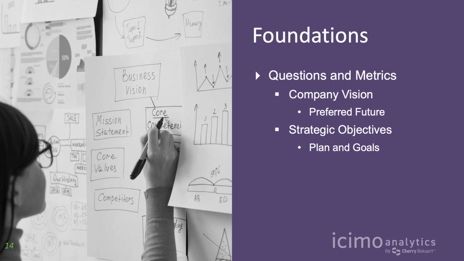Most of the time, organizations have already developed that through strategic objectives, plans, and goals, and then it becomes distilling some of those high-level plan, goals, objectives, vision, distilling that down into key areas that can help make decisions around that. That has to be baked into your analytics strategy.